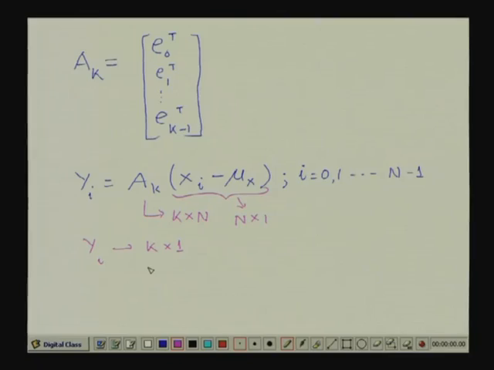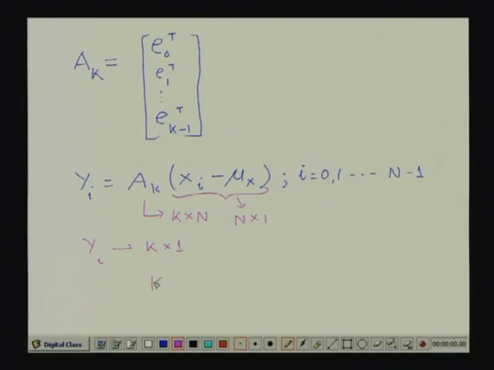So, if this transformation is carried out for all the column vectors of the matrix of the two dimensional image, I get n number of transformed vectors y_i, where each transformed vector is of dimension k.